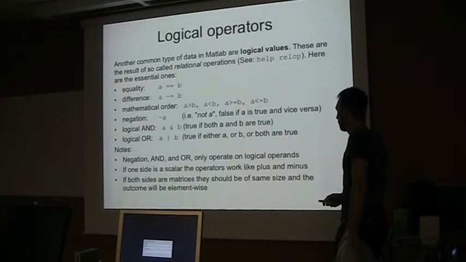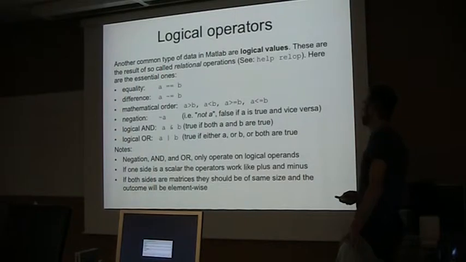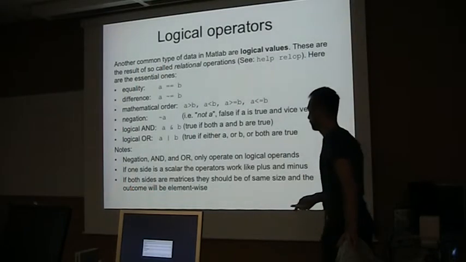And you need to know that negation, the and the or, they only operate on logical operands. You cannot use them on numbers. And if one side is a scalar, yes, if both sides are matrices, they should be of the same size. That's important.